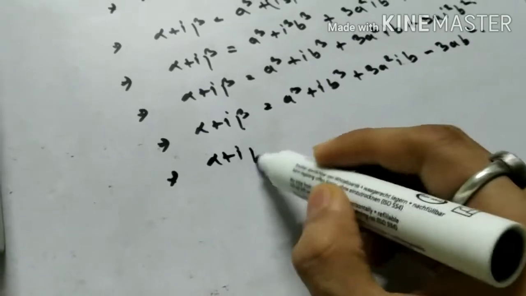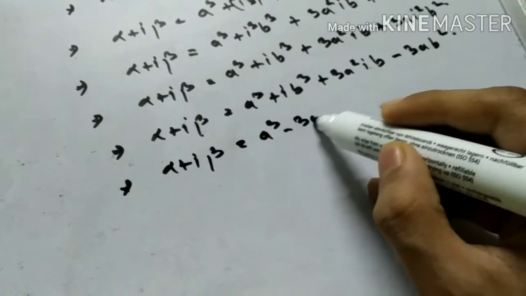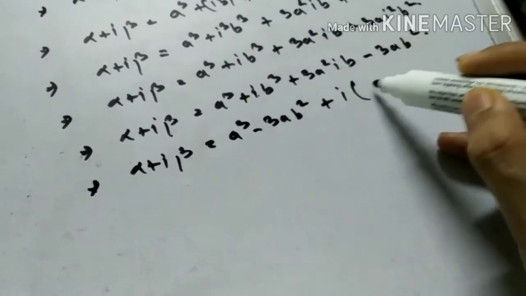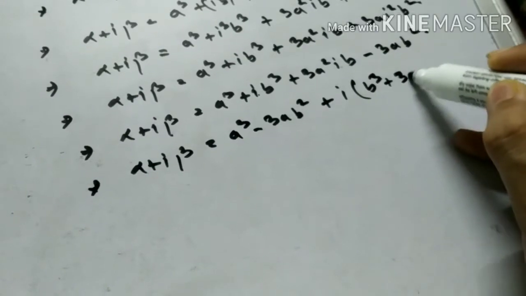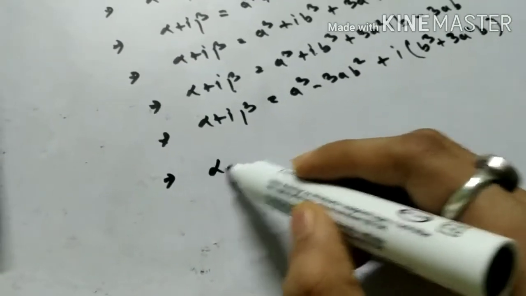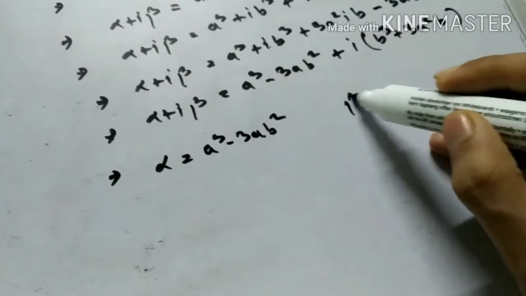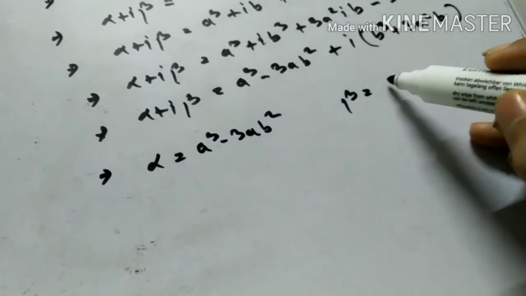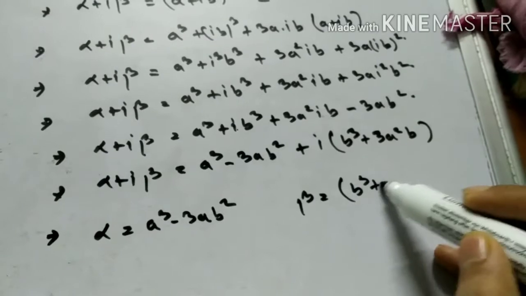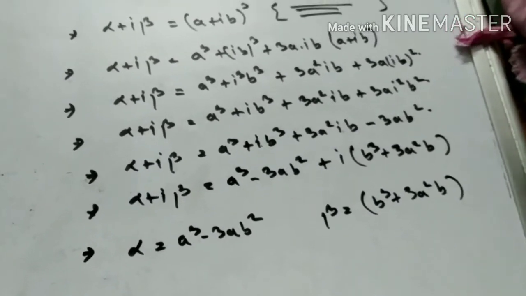Now bring the real part to one side: a cube minus 3ab square, plus from these two take i common: b cube plus 3a square b. Equating the real part, alpha is equal to a cube minus 3ab square, and equating the imaginary part, beta is equal to b cube plus 3a square b.